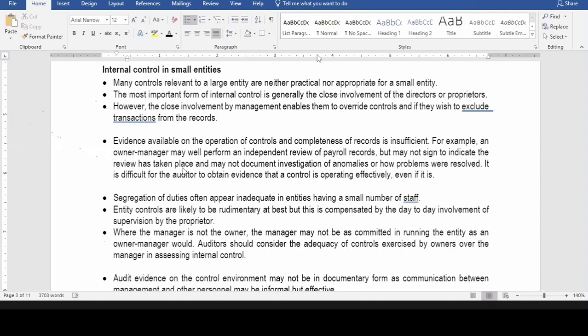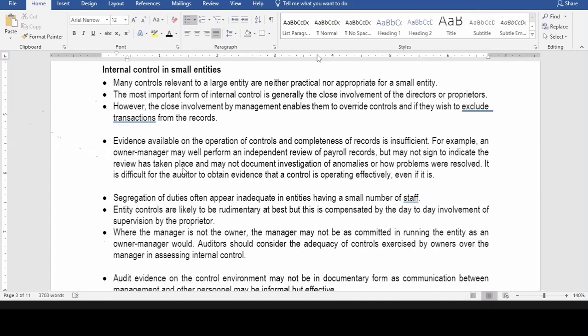staff. You remember we talked about segregating authorization, recording, and custody of the asset. Now, in a small firm, the owner buys the goods for the shop.